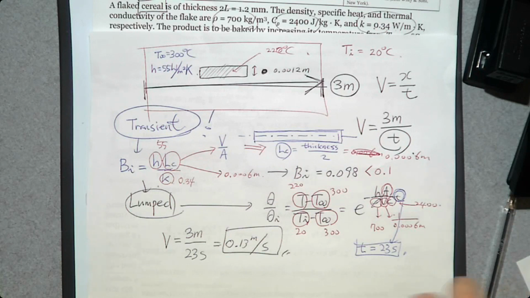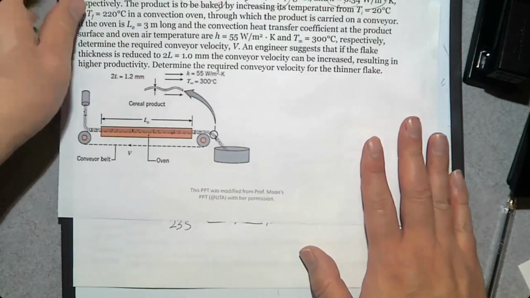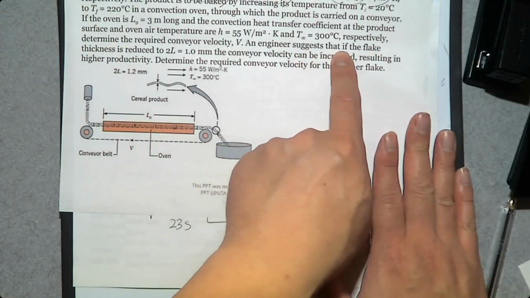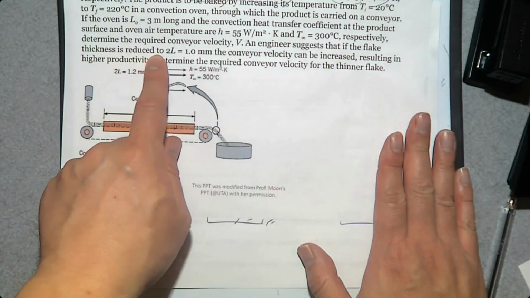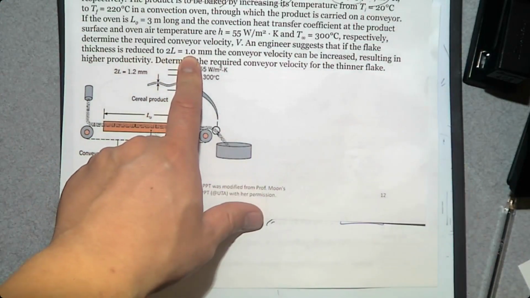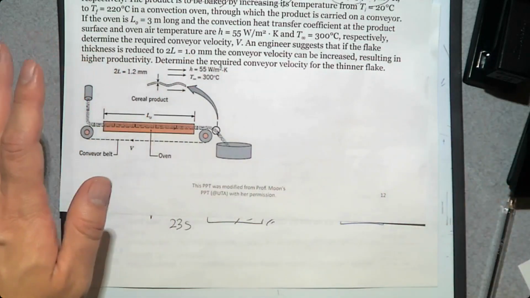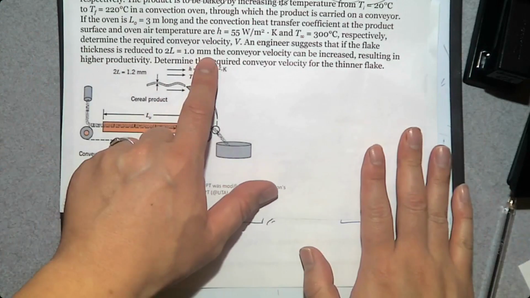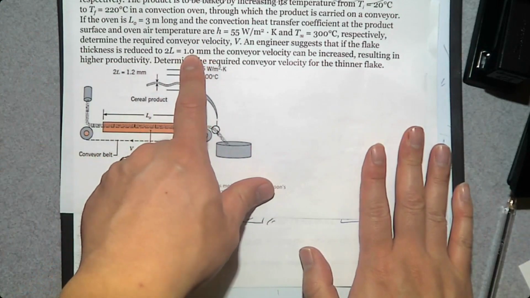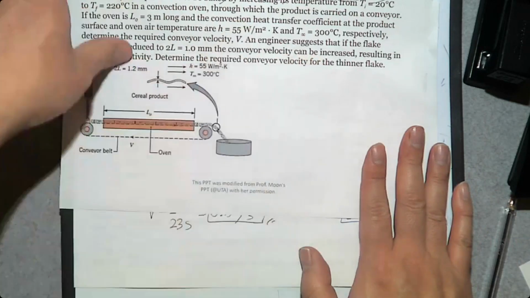So an engineer suggests that if the flake thickness is reduced to only 1 millimeter, of course it's going to change the taste. As an engineer, I don't care. That's the marketing department, right? So if you make it thin, let's see how much velocity we can increase.